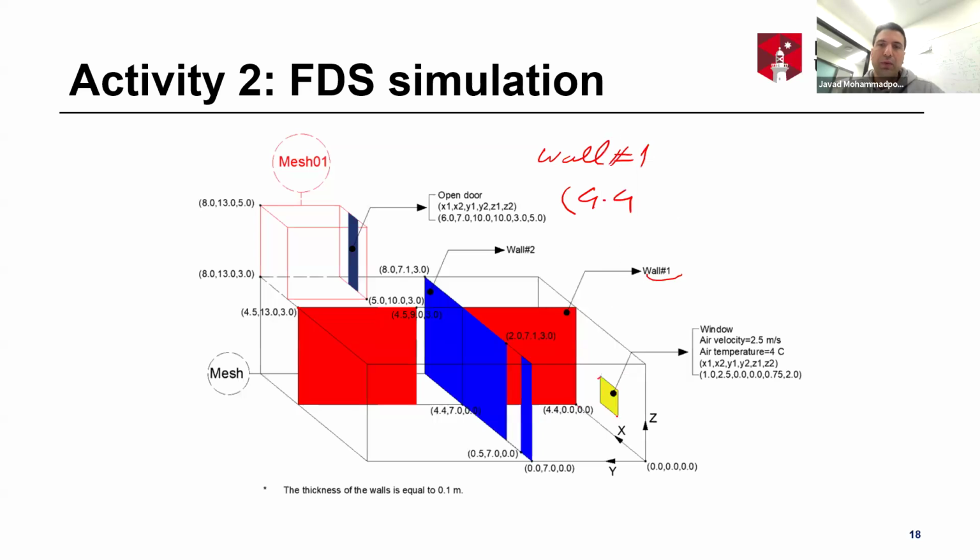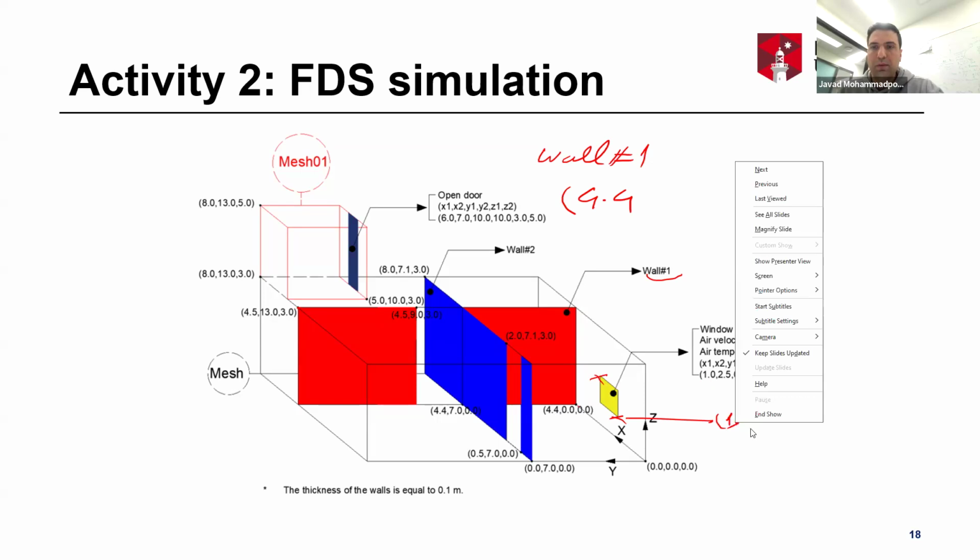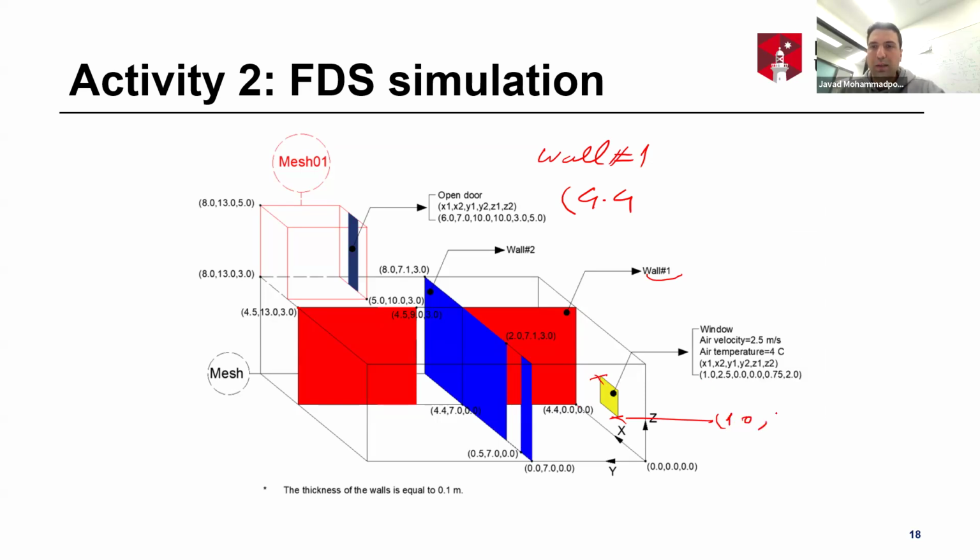So in the definition of the window, the coordinates are like this: 1, 0, and 0.75. What are the coordinates of this point? It is 2.5 meter, 0, and 2 meter.